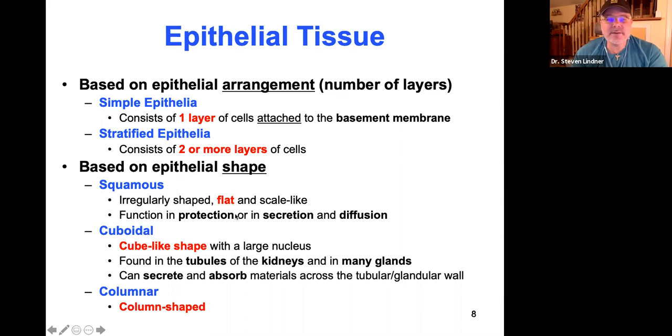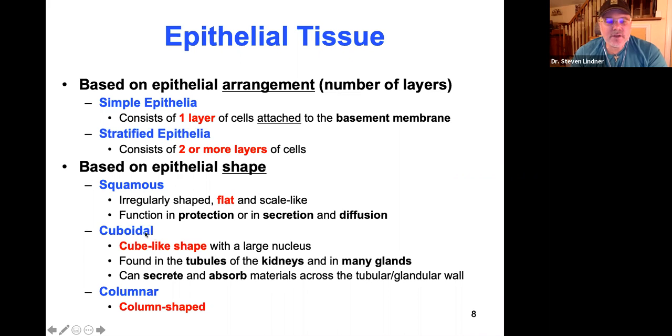Primarily, squamous cells are used for protection, secretion, and diffusion. Whereas cuboidal, these are cube-shaped, these are found in the kidney tubules. These can secrete and absorb things that move across the gland or the tubular wall.